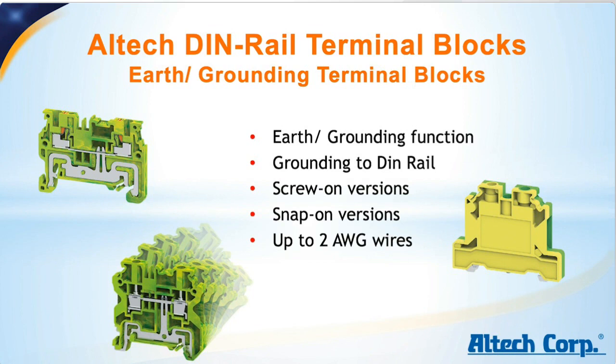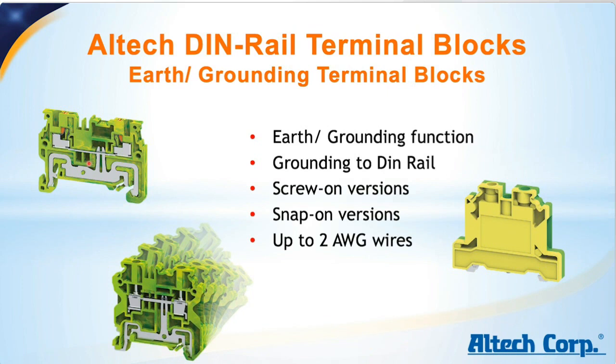How this happens is, the wire is connected to a terminal, and then the terminal is connected through a special clamping mechanism to the rail itself. This allows the rail, for example, to function as a bus bar. These grounding or earth terminal blocks are color coded, and their color is usually yellow-green.